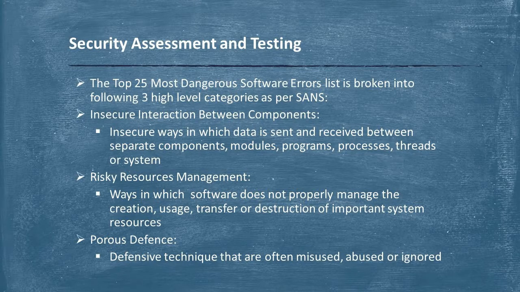The first and the foremost is insecure interaction between components. In software, many components interact with each other, like components in the sense it could be a subprogram or modules or programs, processors within the operating system, or it could be thread or a system.